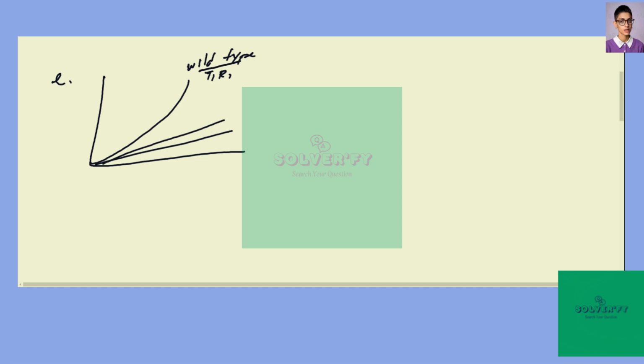So they're just normally born, not genetically modified. The other lines represent the removal of T1R2 only, T1R3 only, and both T1R2 and T1R3 that make up the sweet flavor dimer.